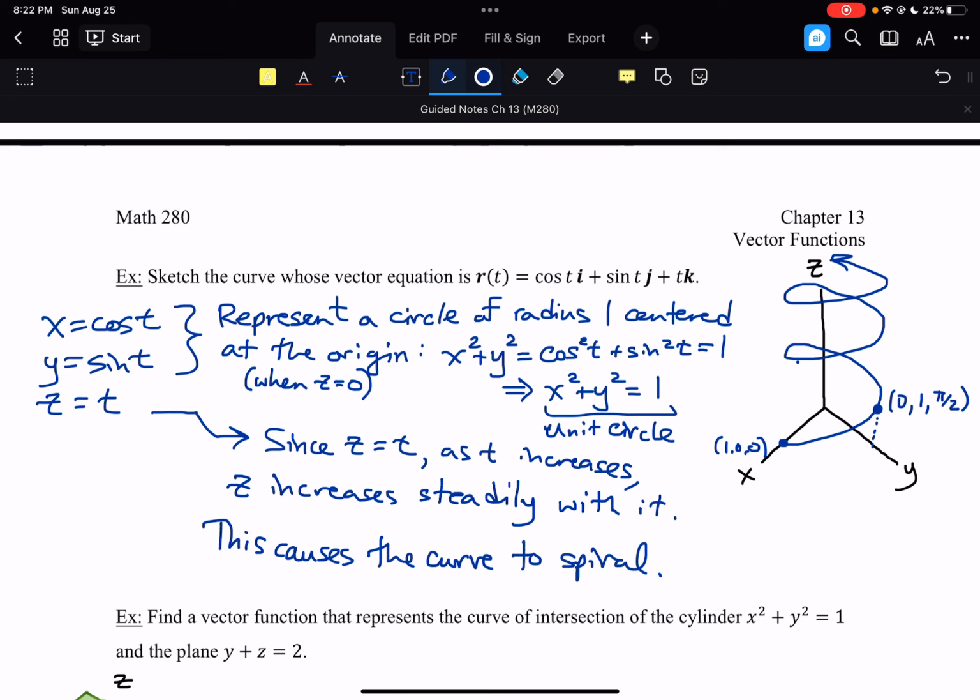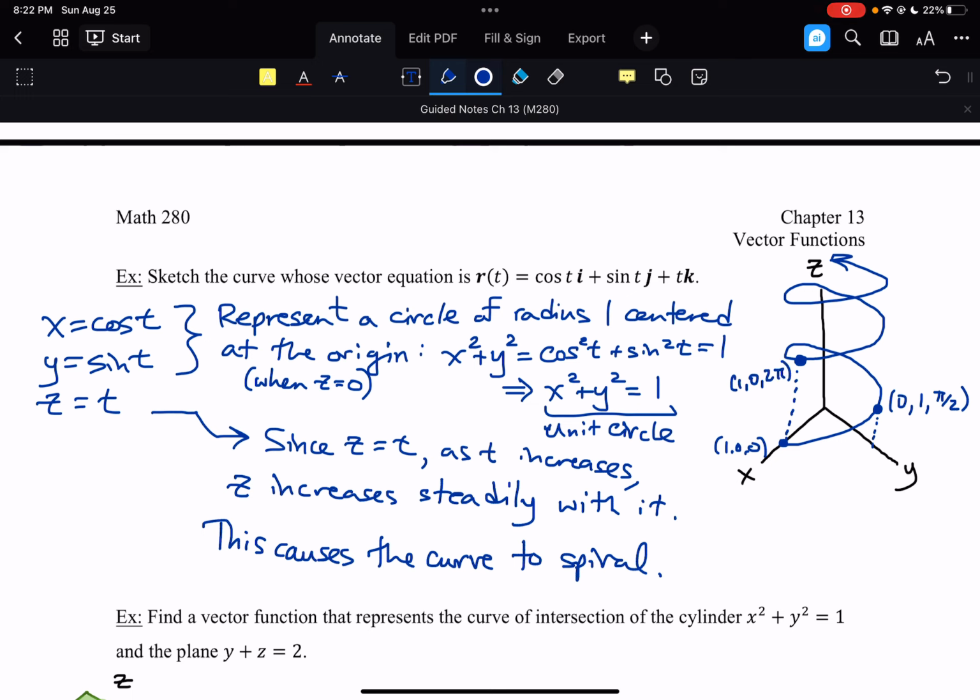If we get all the way around one full rotation, this would be 1, 0, 2 pi. Up there, that would be one full rotation around the unit circle.